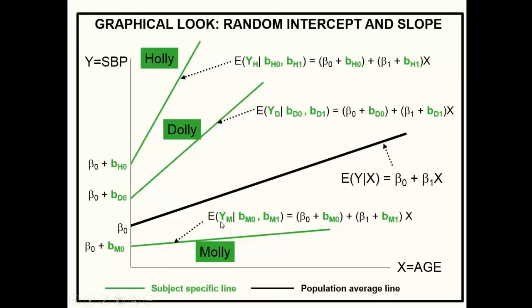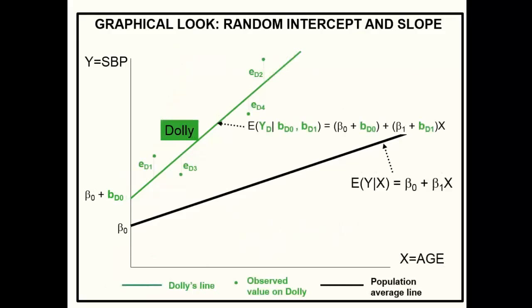So this is a situation where it may turn out that not only do individuals make a contribution to the intercept, but they make a different contribution to the slope. If you look at Dolly, you might have 4 measurements on Dolly, and Dolly's line doesn't look the same as the average line because Dolly contributes something specific to the intercept and to the slope.